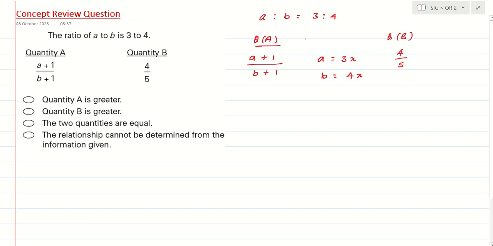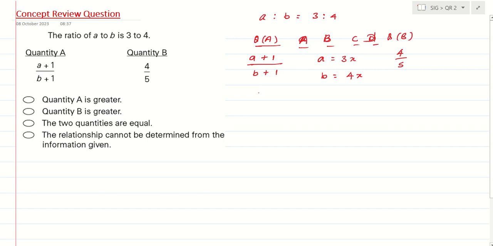Now let me write the options A, B, C, D in between here. Very important to understand, let me write in capitals: A equals 3x and B equals 4x.